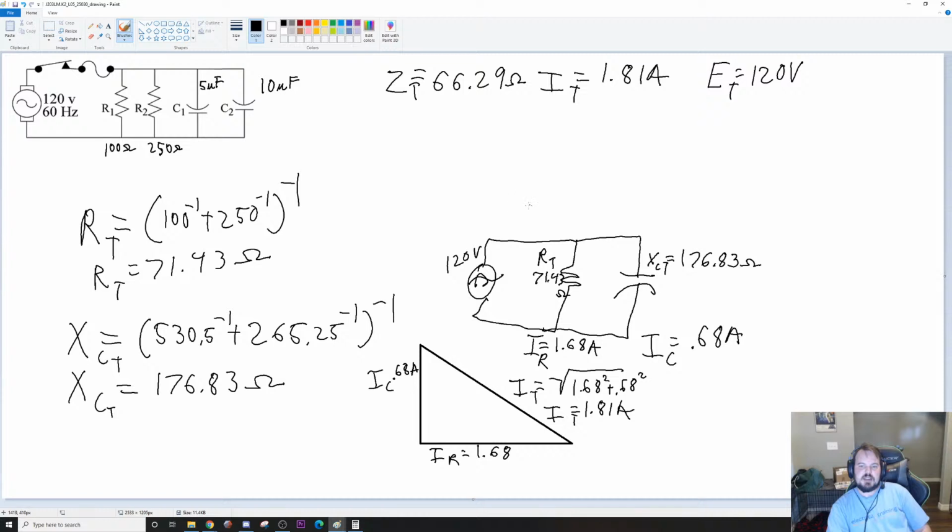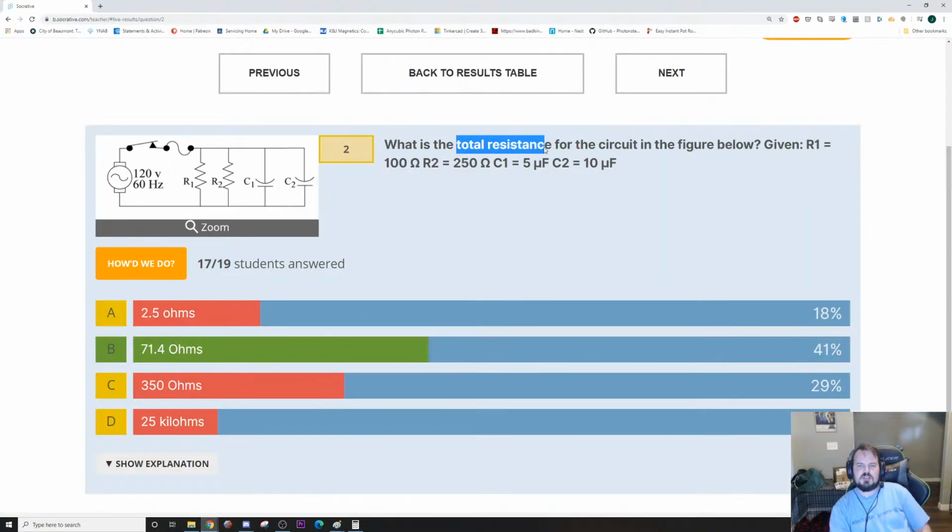Then, as we see, the two legs, like, we had 71.4. Did I just overdo this circuit? What is total resistance? Oh my god. So, don't do like me. Read the question. Total resistance for the circuit. They only care about the resistance.